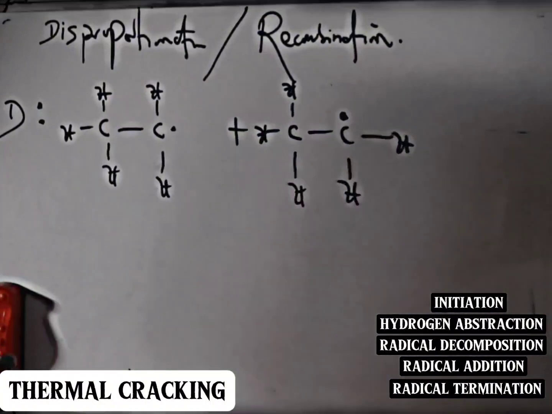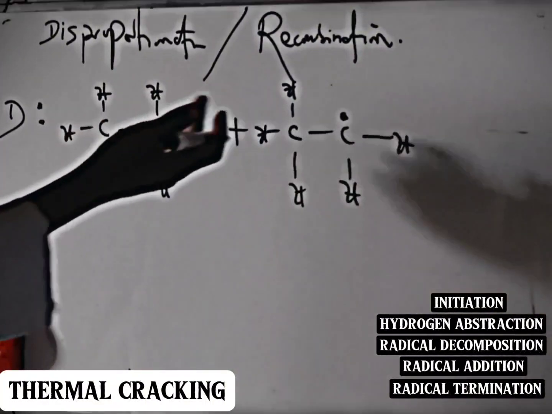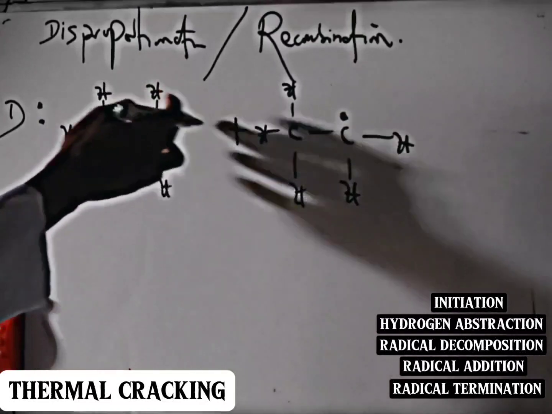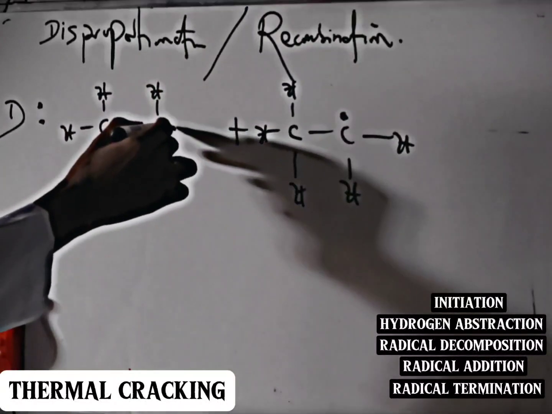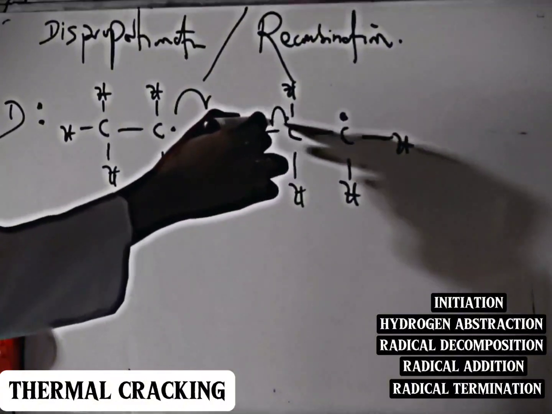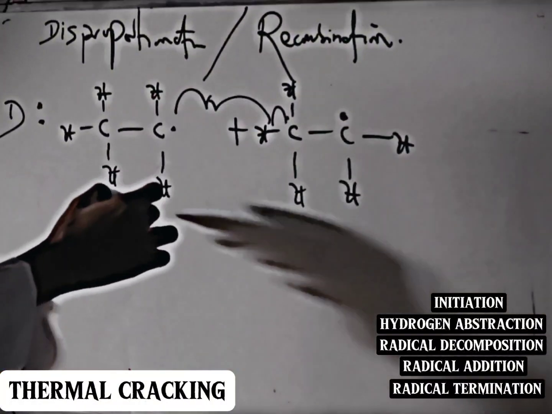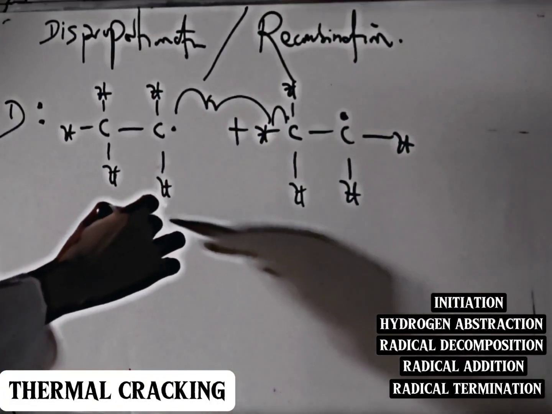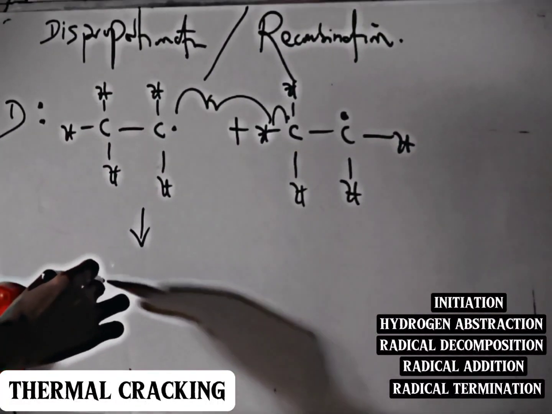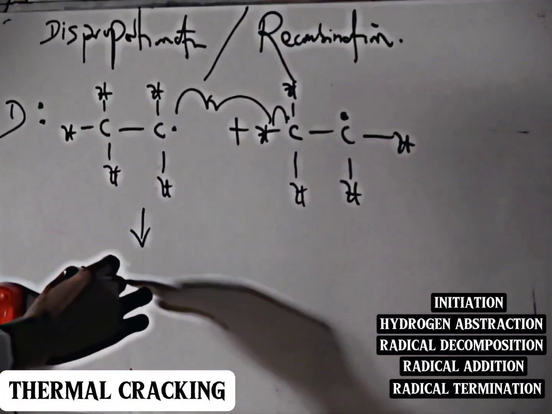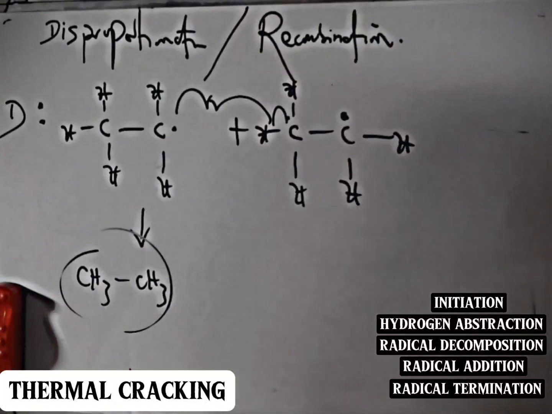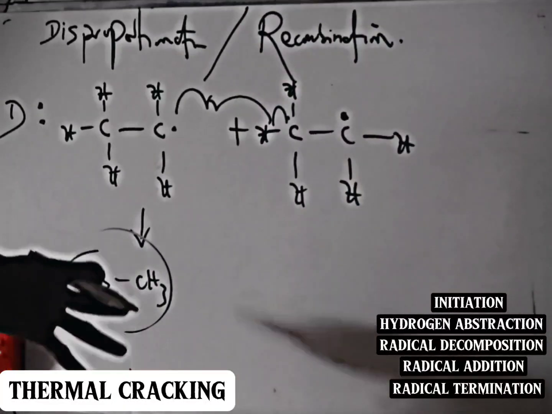Alright, what it means is that one of the radicals tends to take up the hydrogen. There is a hydrogen transfer to the other radical in the center. This one, okay, same thing that happens. See how it breaks. Okay, so essentially we're going to have this being produced, CH3, then CH3. This is an ethane. It's no longer a radical, it has terminated.